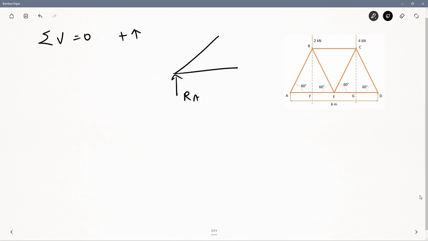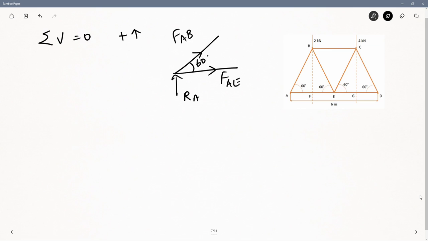I'll assume all the member forces to be in tension, so they will be acting away from the joint. So that would be FAE and FAB. The angle between the two members would be 60 degrees.